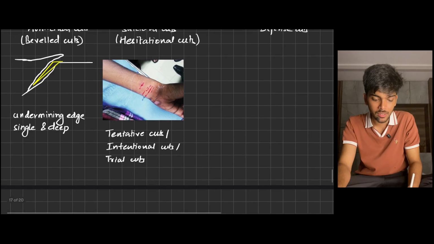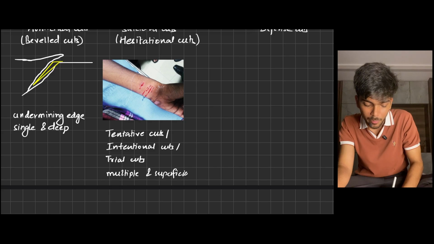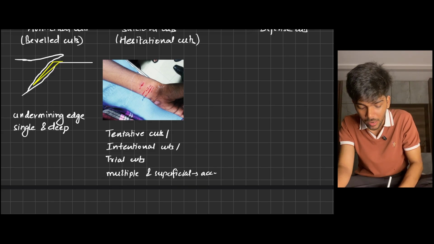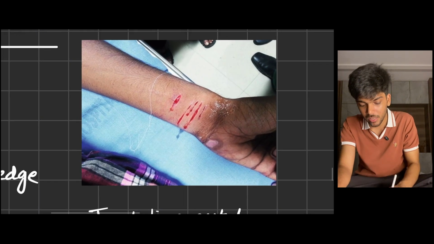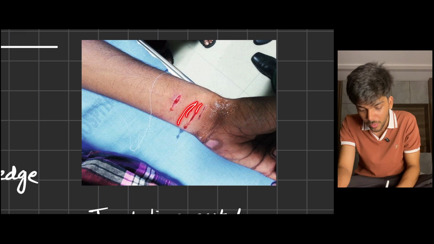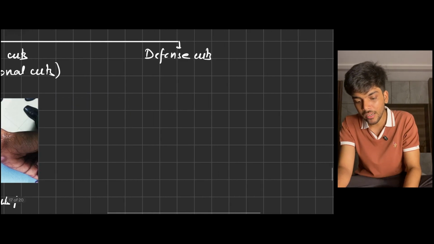Overall they are multiple and superficial, and they are present at accessible parts, like your wrist. You can easily cut there. You can see that this person has multiple attempts, hesitational cuts, trial cuts, and finally there was one deep cut.